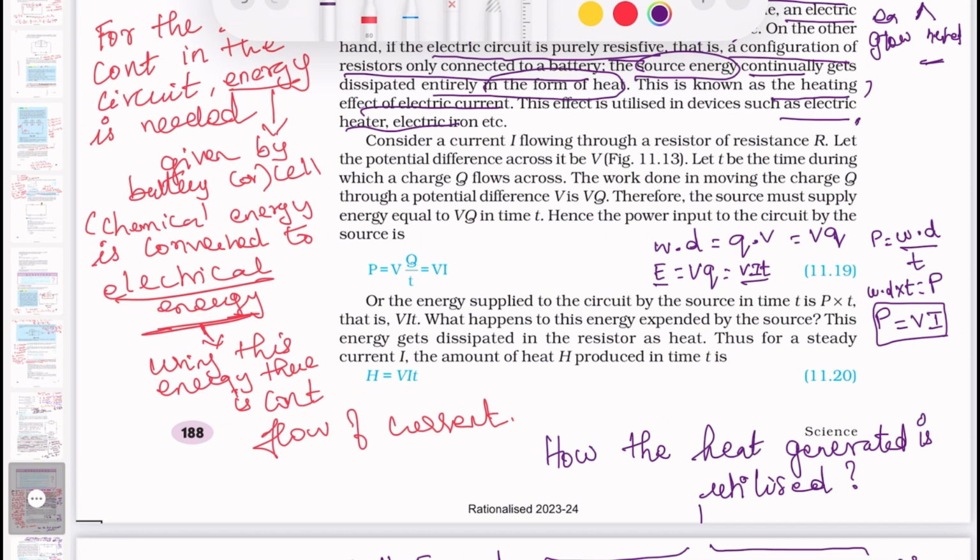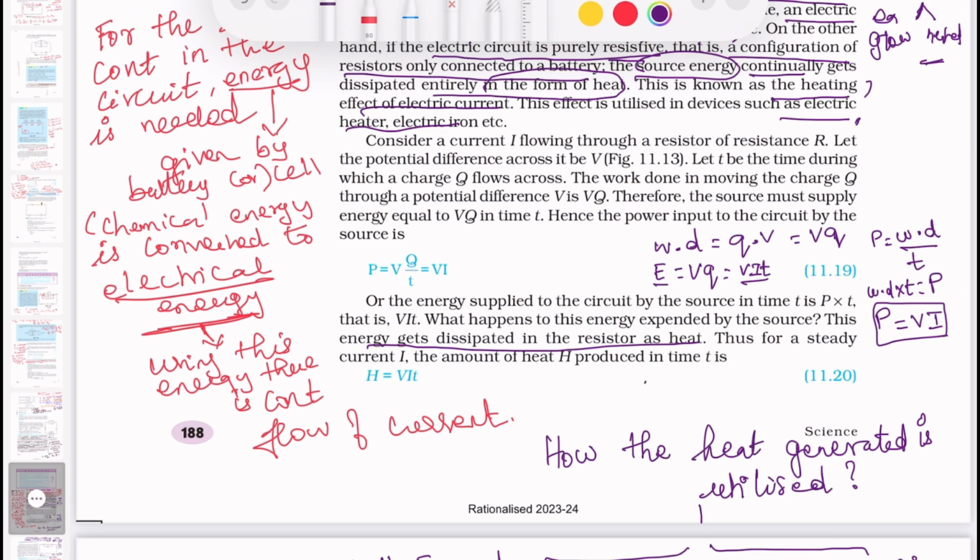Now this energy, we know that it is given in the form of heat in the resistors. The energy is dissipated in the resistors as heat. That is the reason I say, instead of energy, I bring a new concept called heat.